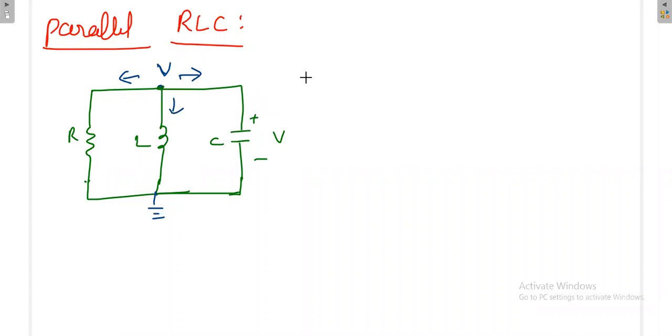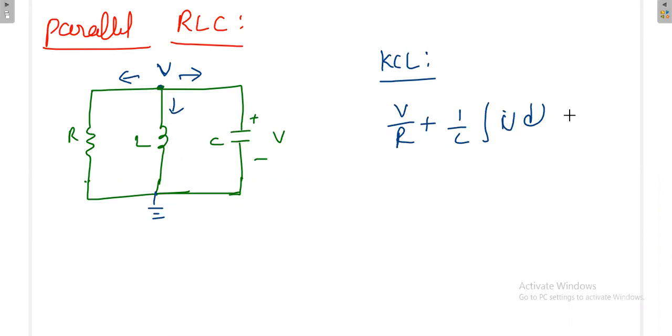So you write the KCL, Kirchhoff current law, at this node. The current going through the resistor is voltage divided by the resistance, V by R. The current going through L is 1 by L integral of V dt, and then the current through the capacitor is C dV by dt, and the sum is equal to 0.